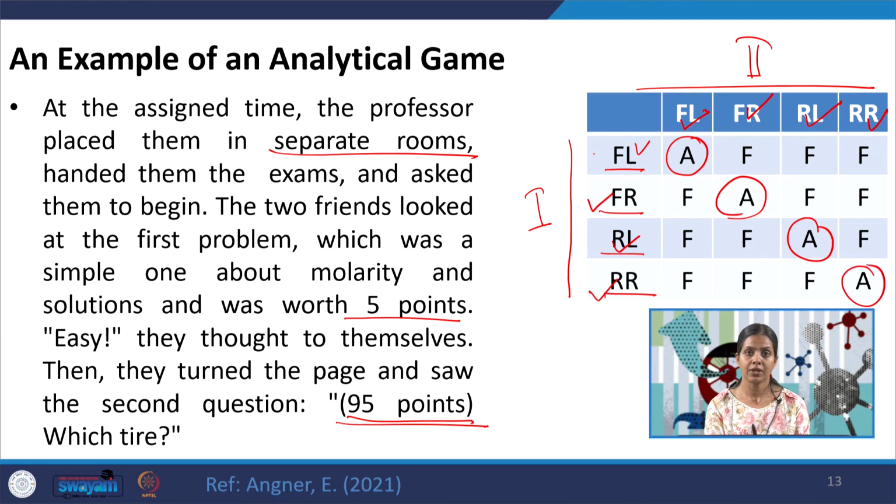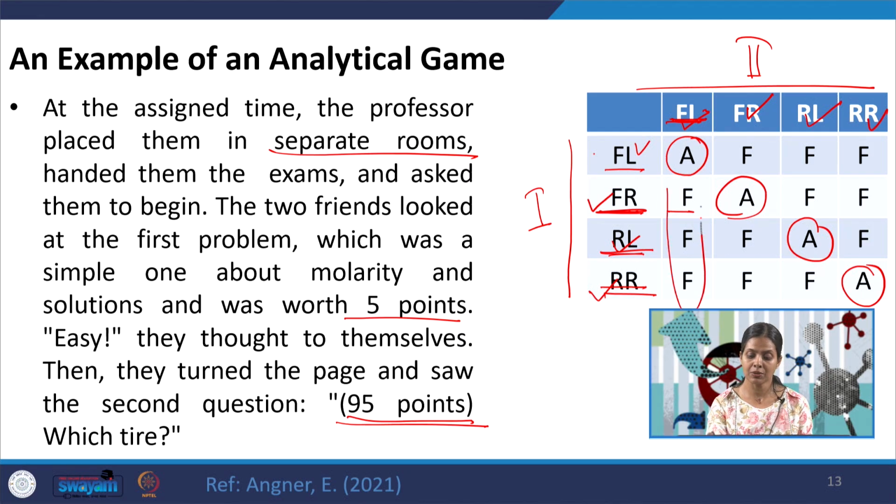But if their answers do not match, like one writes front right and the other writes front left; player 1 writes rear left, player 2 writes front left; player 1 writes rear right, player 2 writes front left.